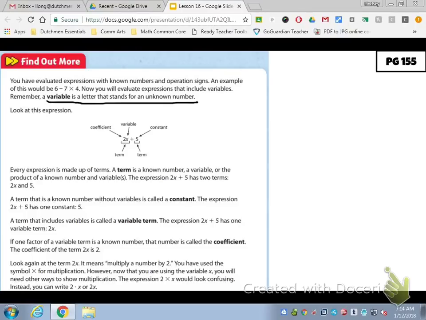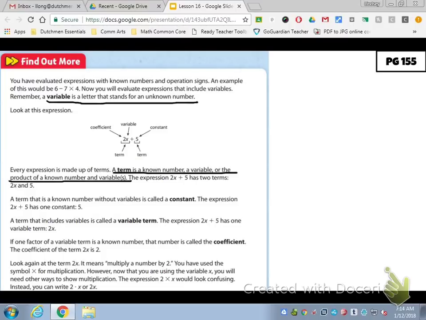Every expression is made up of terms. A term is a known number, a variable, or the product of a known number and variable. Okay, so in this expression, we have two terms. 2x would be a term because that's multiplying a number and a variable, and then 5 would be a term.